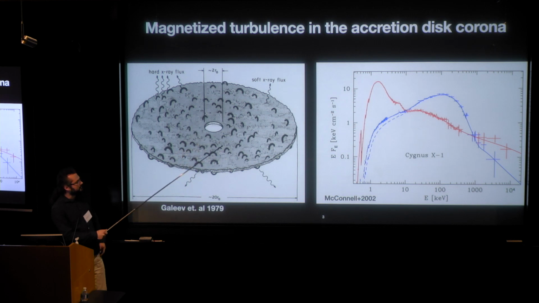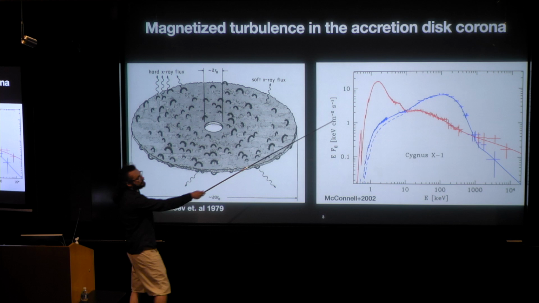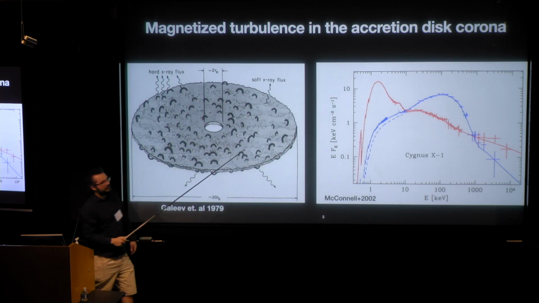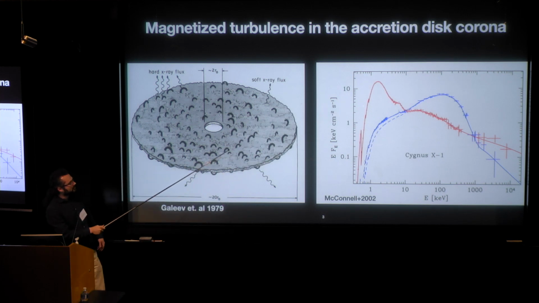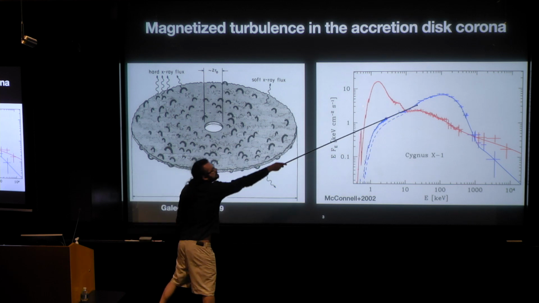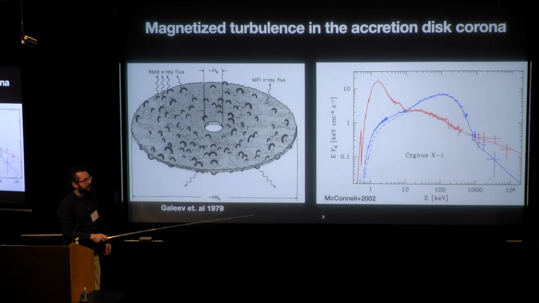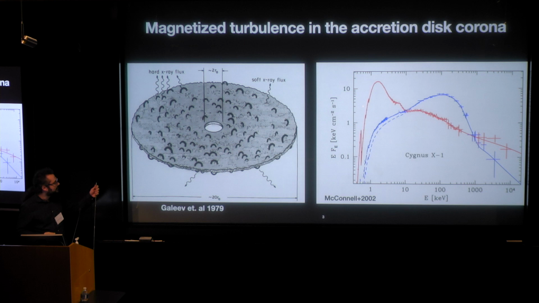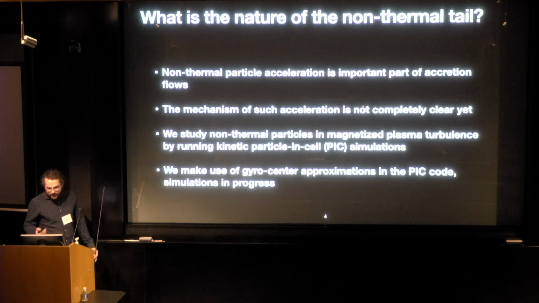We only assume that these separate components, such as the accretion disk, is probably this thing, and the hot corona is this Comptonized high energy thing, and also this power law tail. So we are interested in these non-thermal particle mechanisms because we want to understand accretion flows.